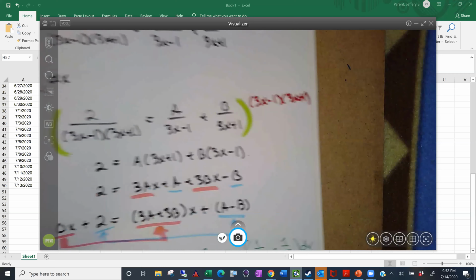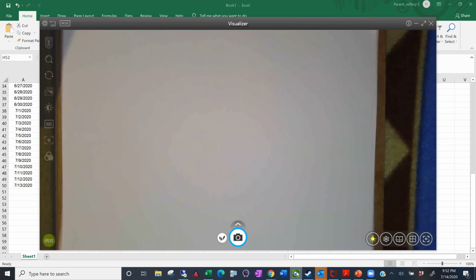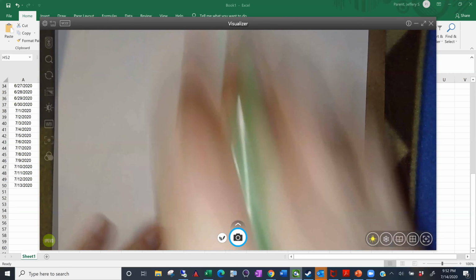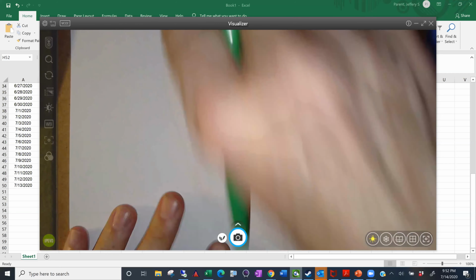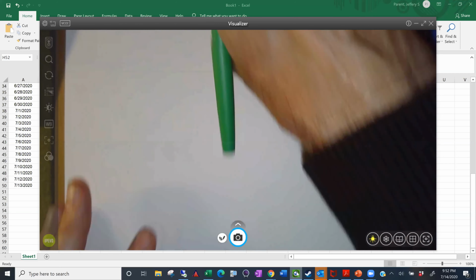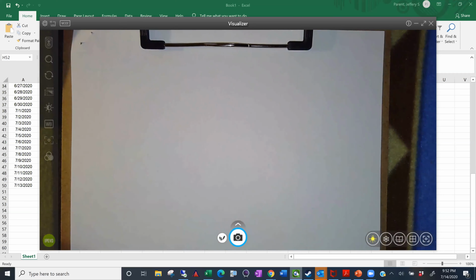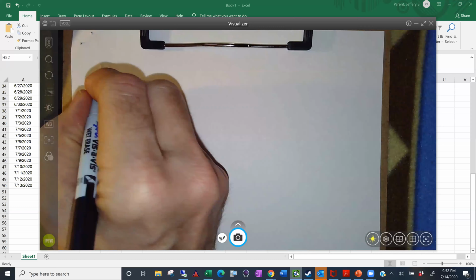Let's try another one. And I skipped out on some u substitution with the last one, so let me do some with this one. In fact, we're going to start out with our u substitution. And let's see, what's our equation in this one? There we go.